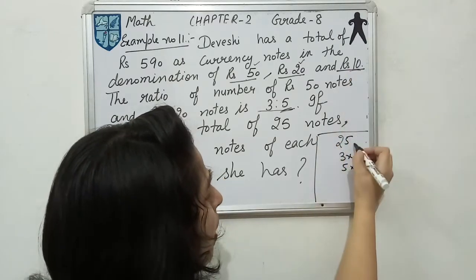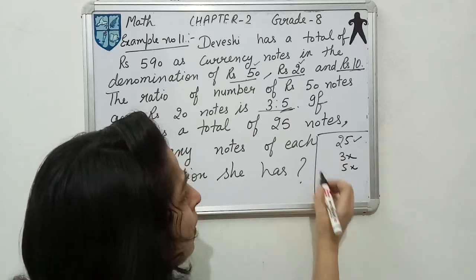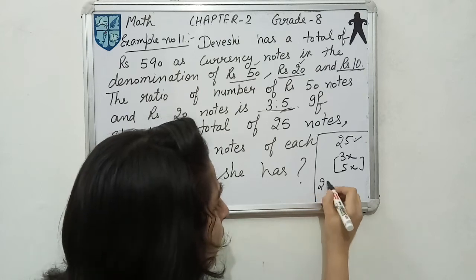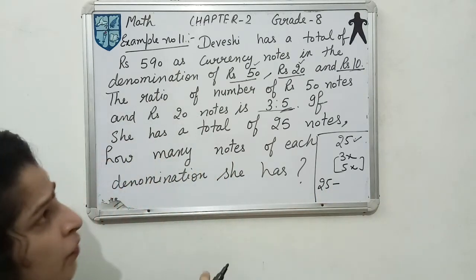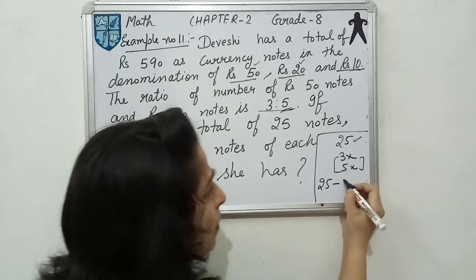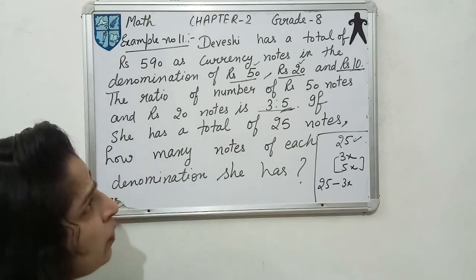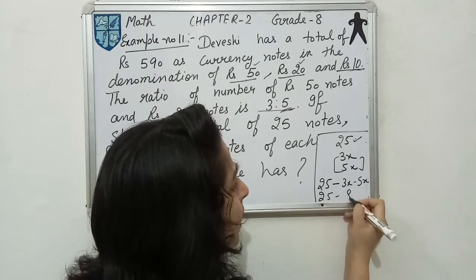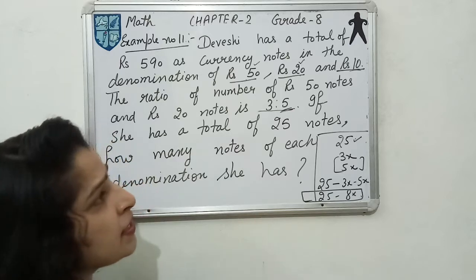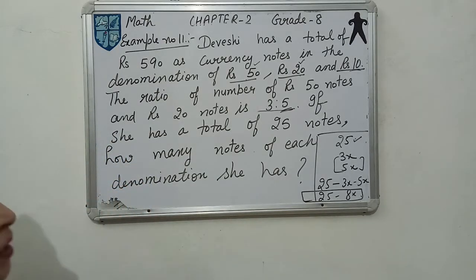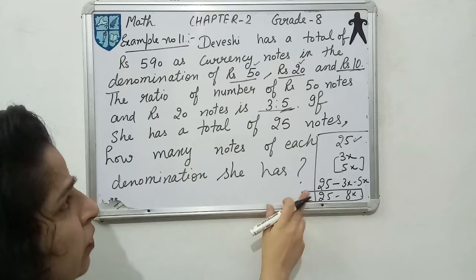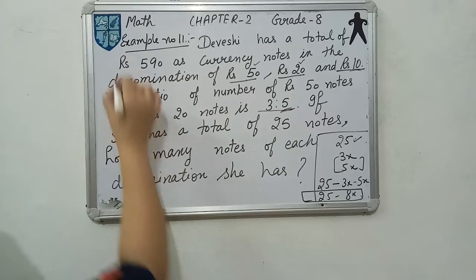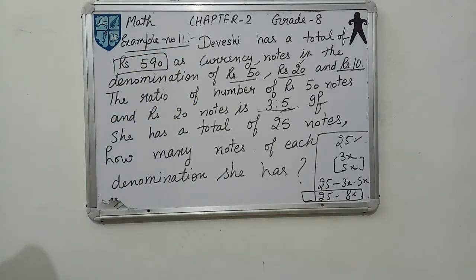You will subtract these two from the 25, because the total notes you have is 25. Whatever notes you have for 50, 3x, and for 20 rupees, 5x, when you subtract, you will get the number of notes for rupees 10. After getting the number, you need to find out the value. The total cash given is 590. The same way we have to do the sum.